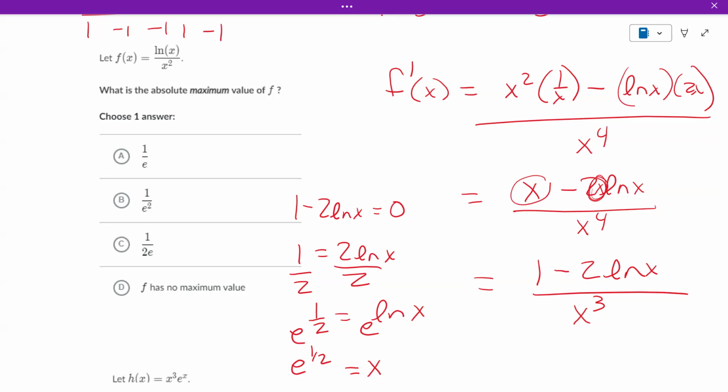No, that's different, because it's hard to explain, but the ln of x is separate from this x. They're two totally separate parts, and so this is like a number. I'm sorry, I'm not going to be able to explain it.